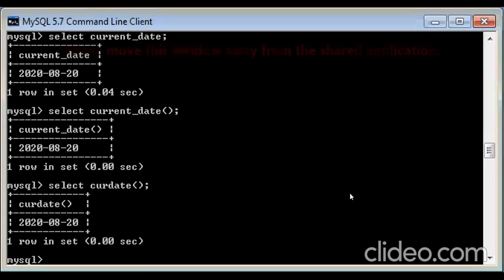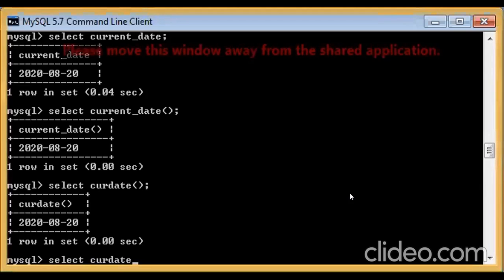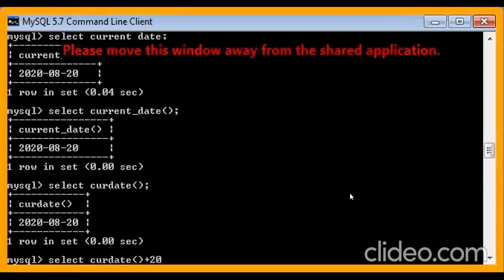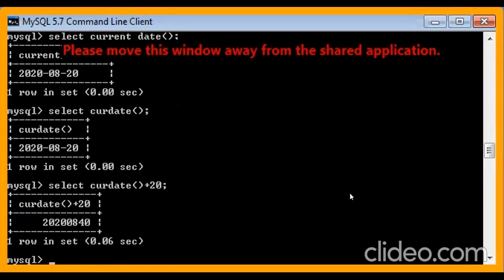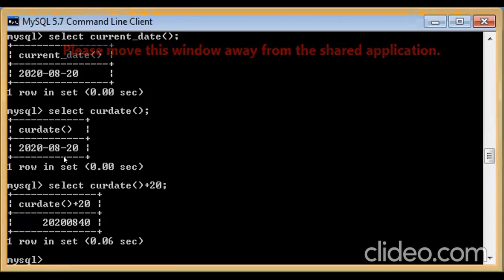Suppose I want the date, and I want to see that after 20 days, what will be the date, as I have a UT2 coming up. So a semicolon followed by it. You can see how it is visible. First of all, anyway, if I put 20 days, since today is 20, it will reach 40, which is not possible.